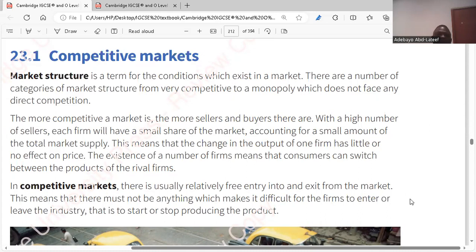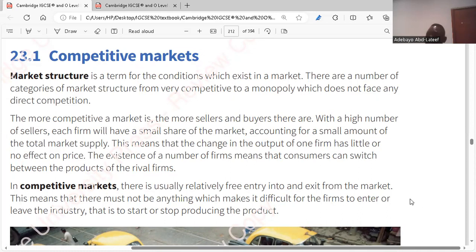So accounting for a small amount of the market, this means that a change in the output of one firm has little or no effect on price. Because it's a competitive market, a change in the output of firm A has little or no effect on the price of the product, because the market is already saturated. Do you get what we're saying there? Yes.